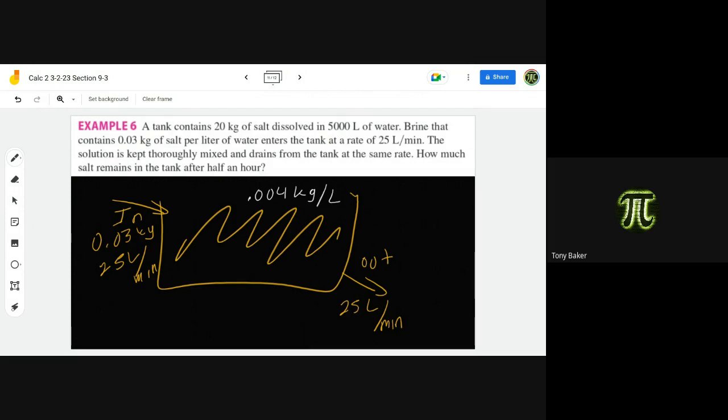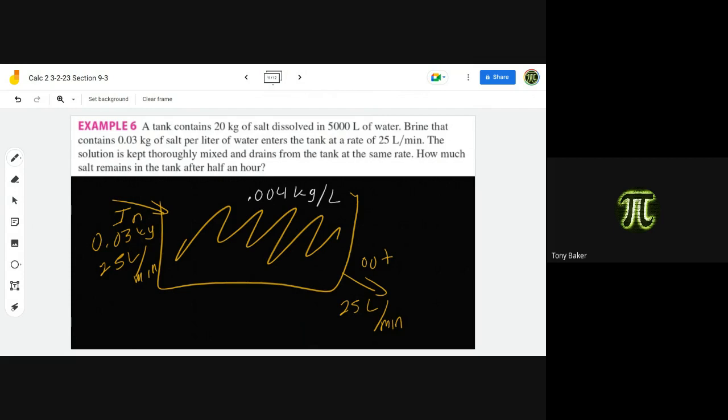So when I get my answer after a half hour, I expect the salt content to be higher than I had to start. It's going to be higher than the 20 kilograms of salt in the tank. That makes sense? So when we do our calculations, we should have a general idea of where we're going, especially whenever we're doing word problems.